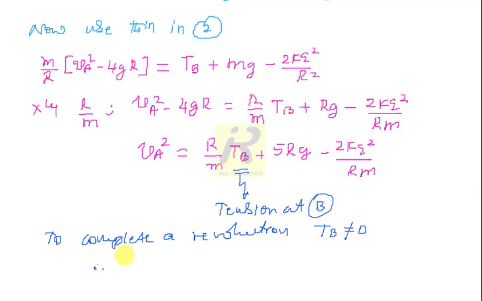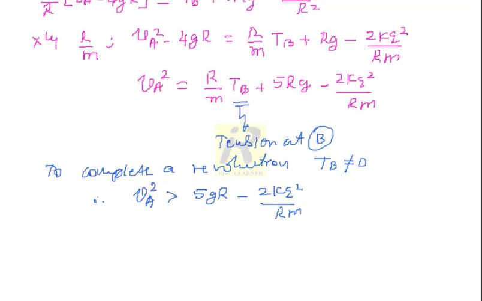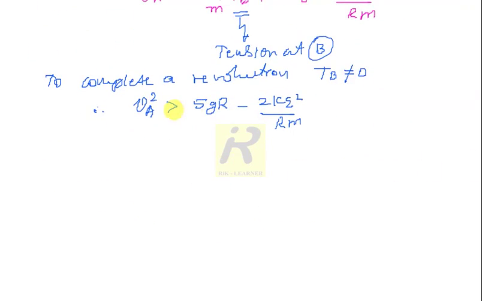Therefore, va square must be more than 5gr minus 2kq square divided by rm. This is what I can write. Now just observe, I am subtracting something from 5gr, right?